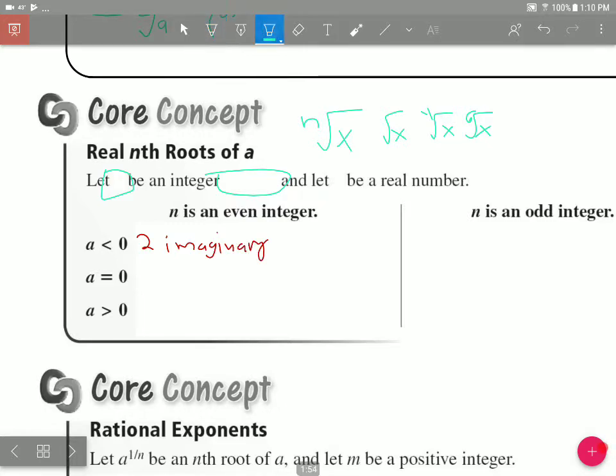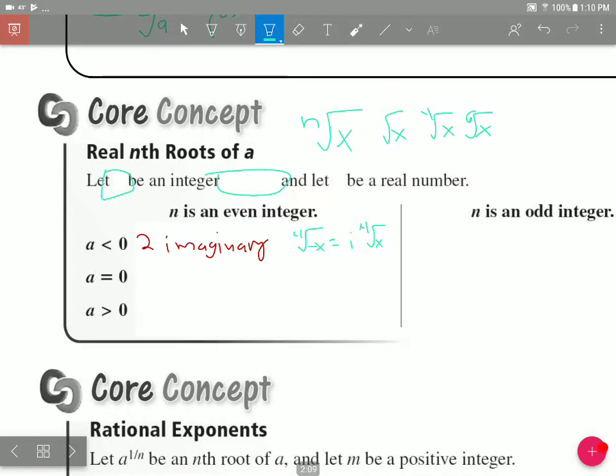For example, the fourth root of a negative x is i times whatever the fourth root of x is. You're going to get 2 imaginary solutions.